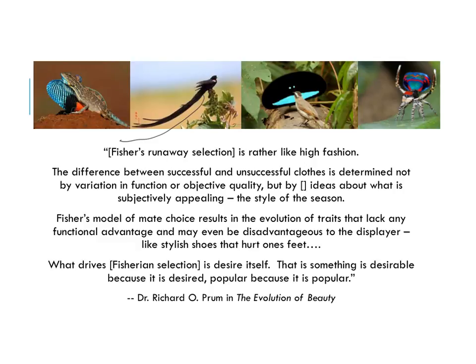What drives Fisherian selection is desire itself. That is, something is desirable because it is desired, popular because it's popular, not because it's functional. All right, so that's really the big difference here between good genes and direct benefits and Fisherian selection.